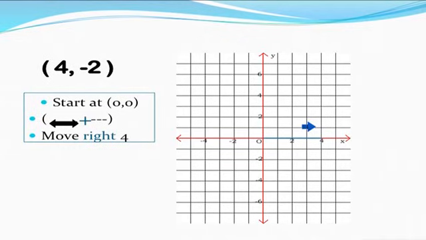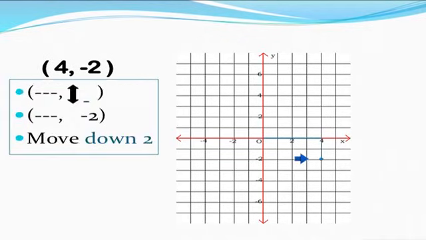Now let us look at graphing 4, -2. 4 is to the right as it is positive on the horizontal axis, and 2 is negative, so it is to be taken down from the origin by 2 points. The lines from 4 and -2 drawn vertically and horizontally will intersect at a point which is represented by 4, -2. Now let us look at the graphing of -3, 5.